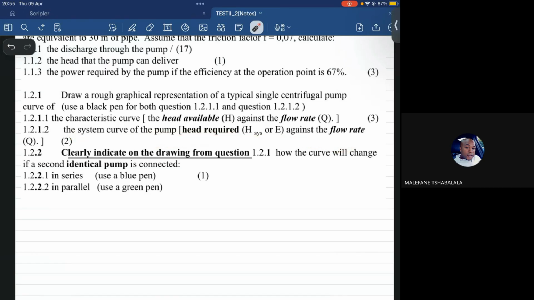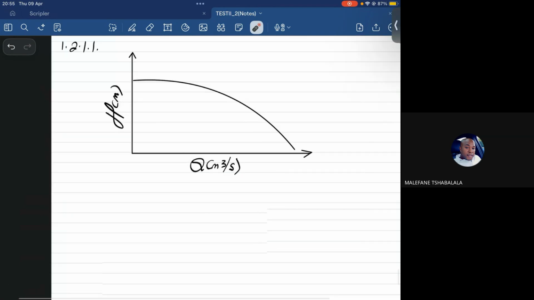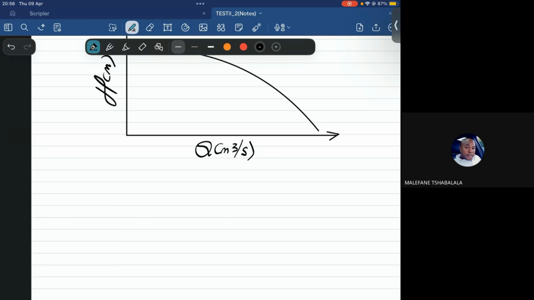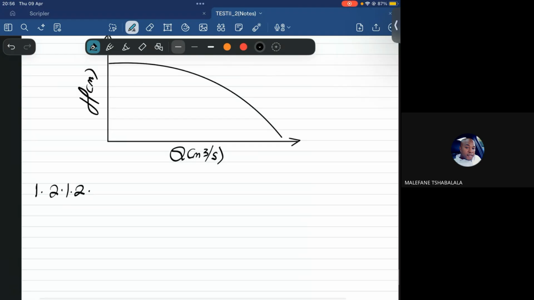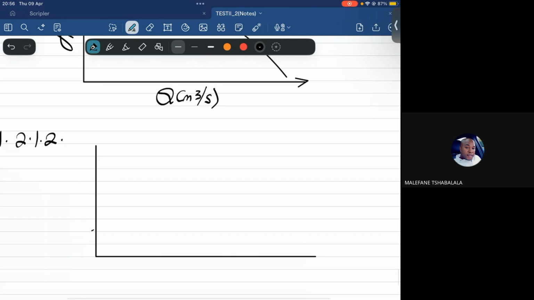Okay, so now we're gonna draw this separately. Meaning that for the system curve, which is the head available versus the volumetric flow rate again. So for question 1.2.1.2, I will have the graph that looks like this. The system curve of the centrifugal pump graph looks like this.